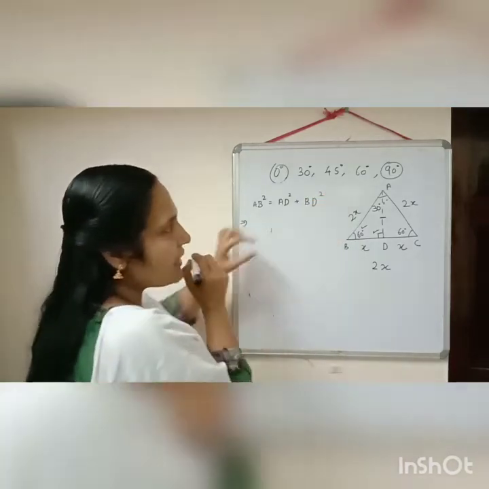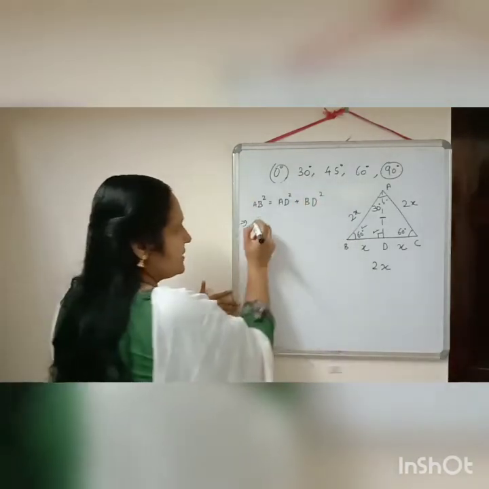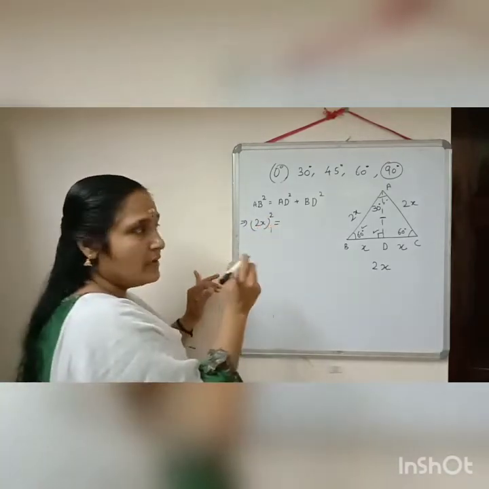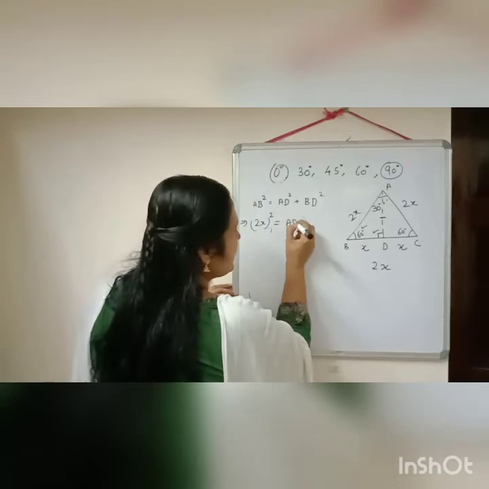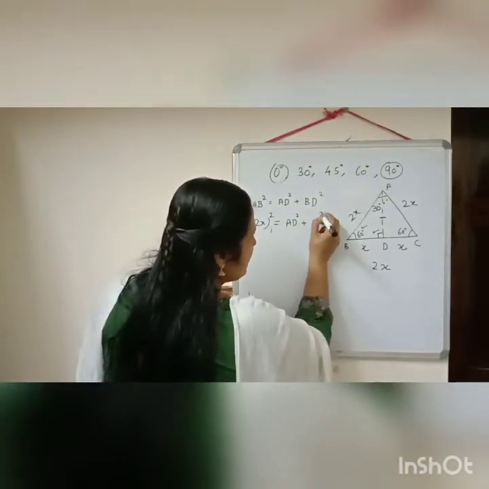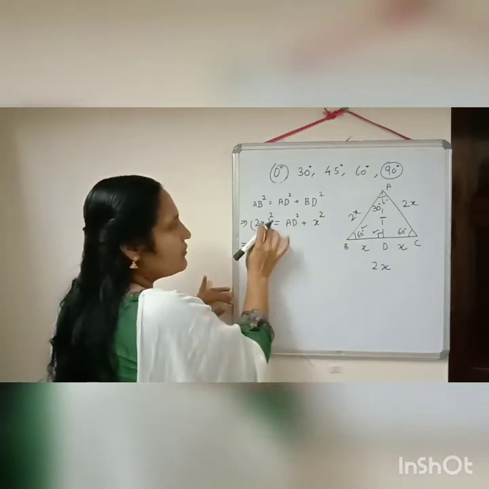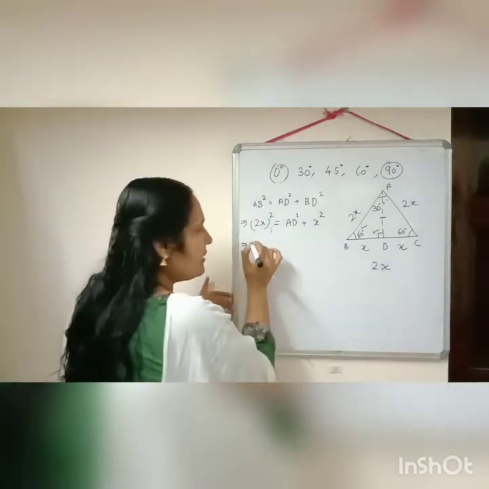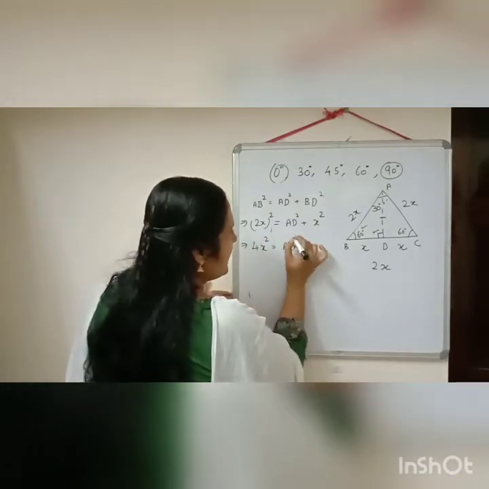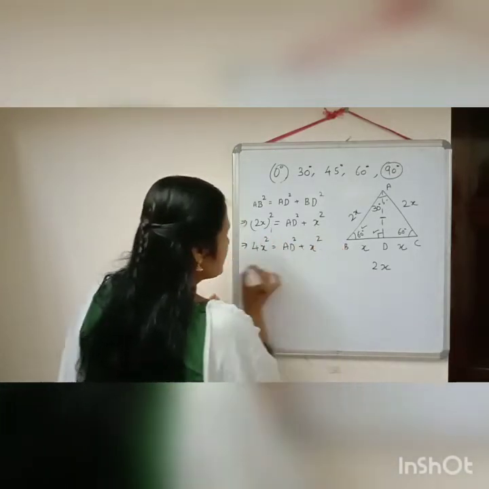What is the measurement of AB? We have taken 2x. Then here it will come 2x the whole square is equal to AD square, which we have to calculate, plus BD square, where BD is equal to x, so it will be x square. What will be 2x the whole square? Yes, 4x square is equal to AD square plus x square.